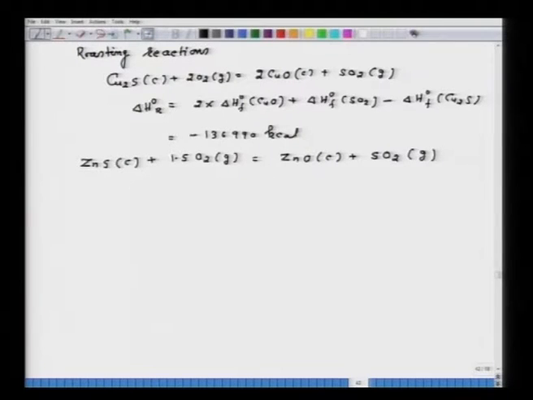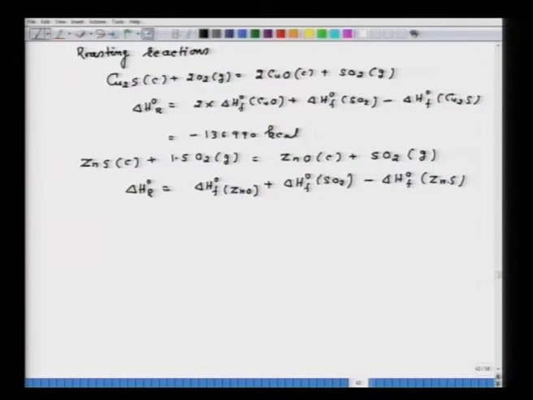Here again you write the heat of reaction, delta H naught R, equal to delta H naught F of ZnO plus delta H naught F of SO2 minus delta H naught F of ZnS.